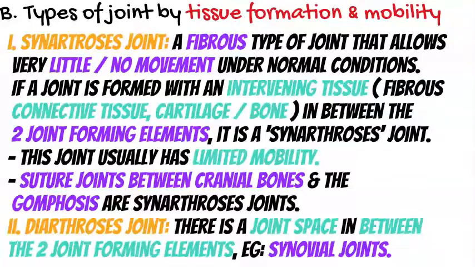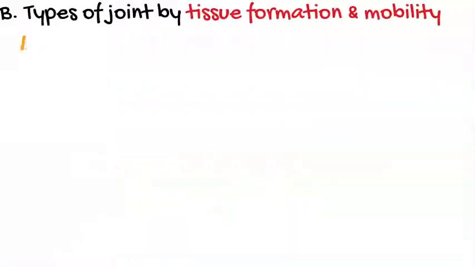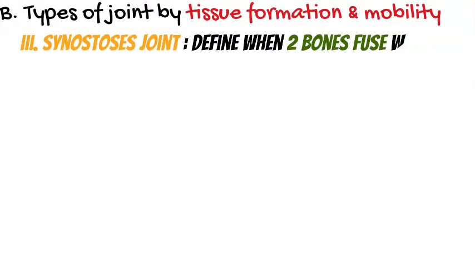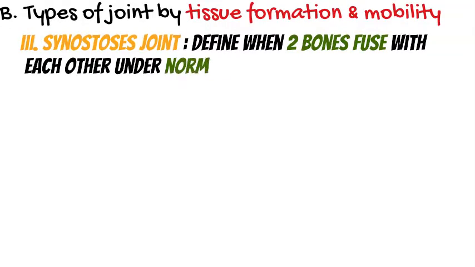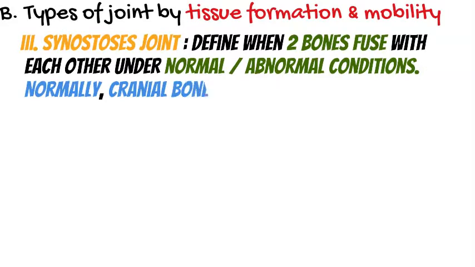Number 2, diarthrosis joint. There is a joint space in between the two joint forming elements. Example, synovial joints. Number 3, synostosis joint. It is defined when two bones fuse with each other under normal or abnormal conditions.